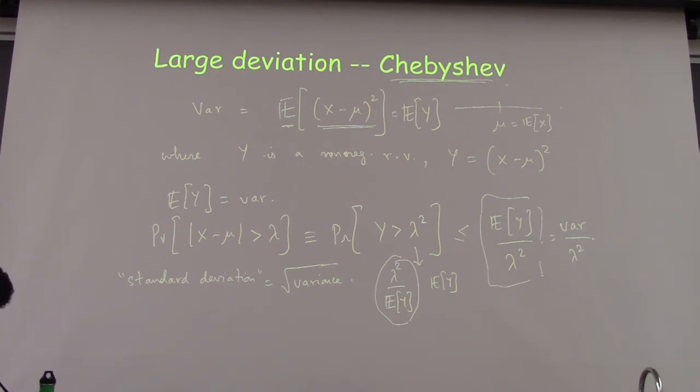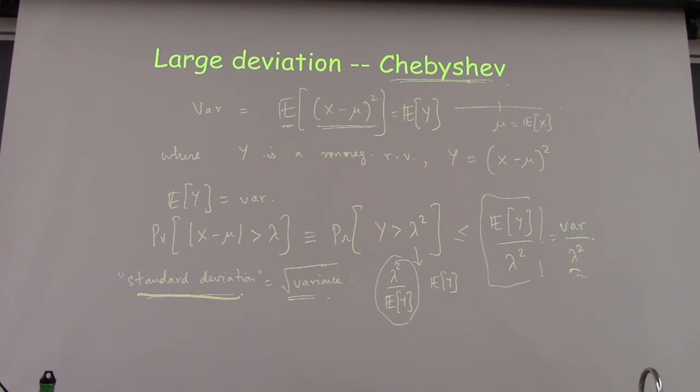And that's why this is called the standard deviation, because usually you expect this random variable to vary about this much, about the square root of variance. And what this Chebyshev's inequality tells you is that the likelihood that it deviates by much more than its standard deviation is small.